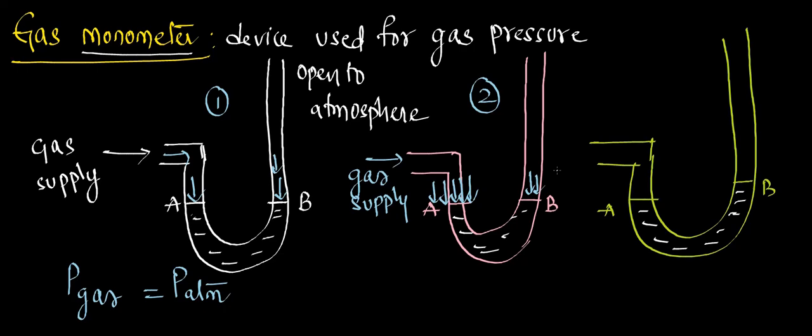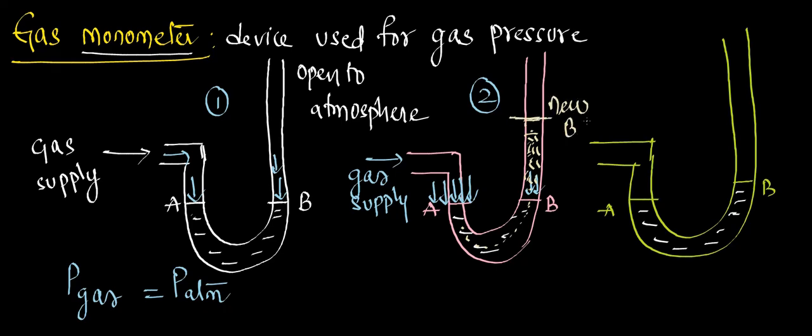So the liquid on A side is experiencing more pressure, and it transfers this pressure according to Pascal's law to B side. What happens to the level of liquid in B? It will rise. This will be the new B point.